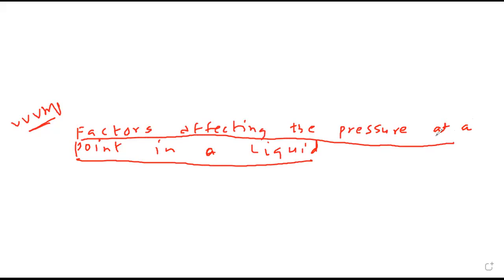See, we can see pressure is h rho g. So that means it will depend upon three physical quantities. One is depth, other is density, and third is acceleration due to gravity.